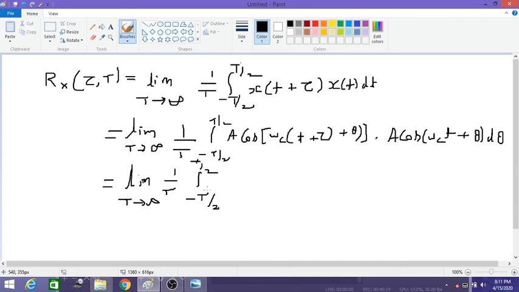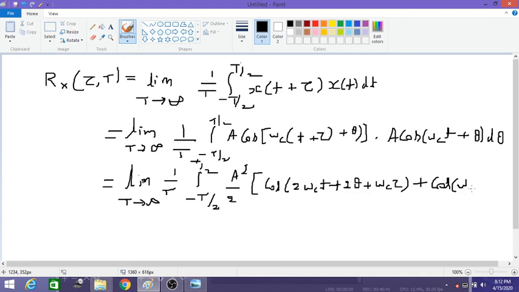So we will get here A square by 2 of cos of 2 omega c t plus 2 theta plus omega c tau, plus cos of omega c tau, into dt.